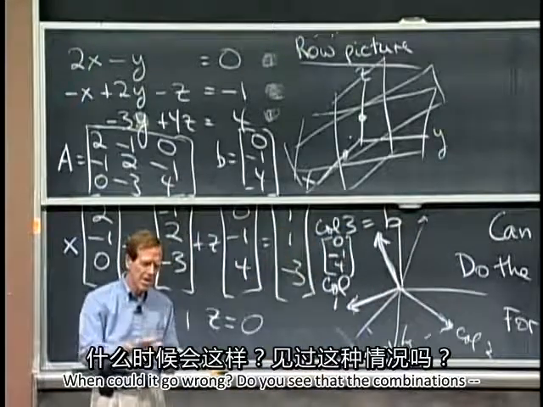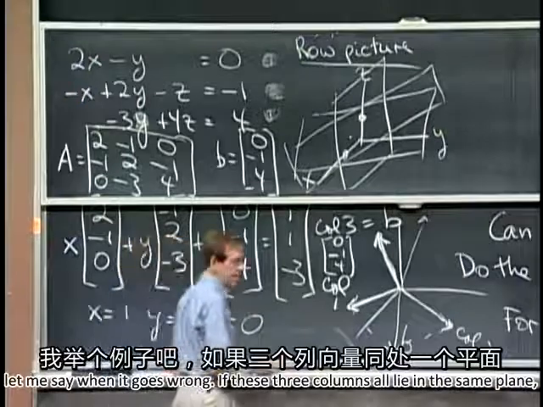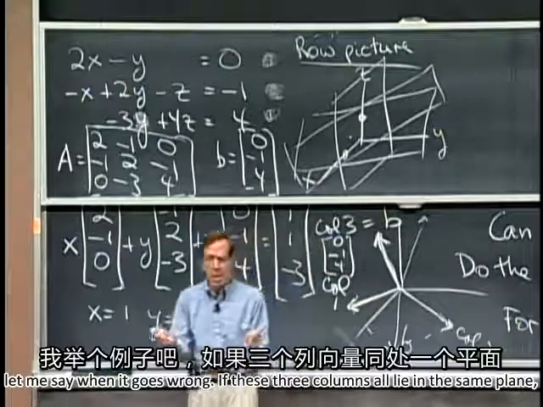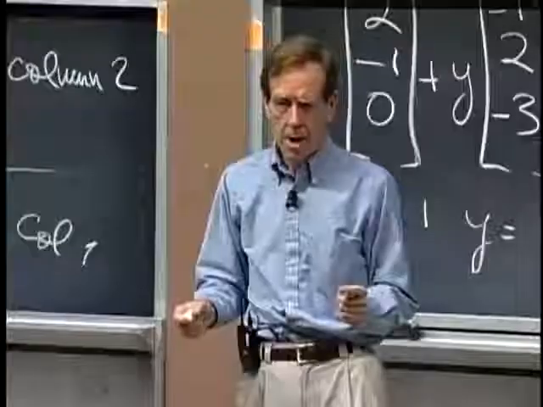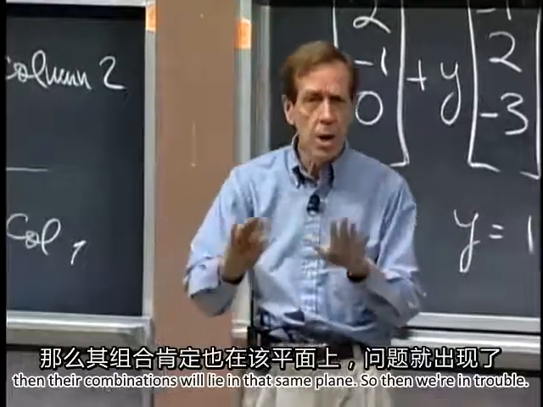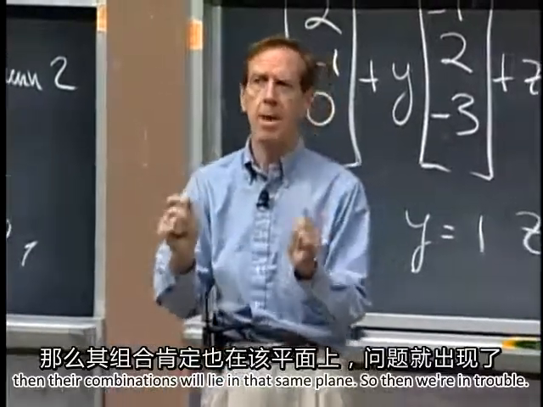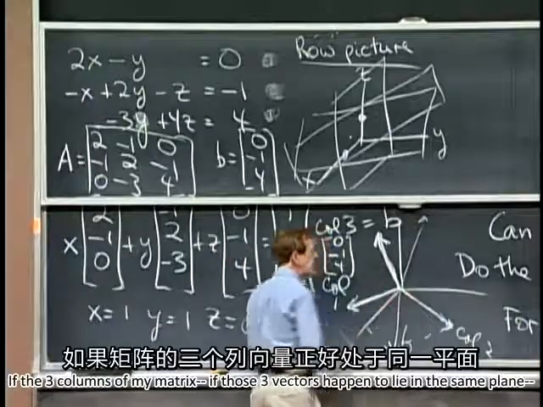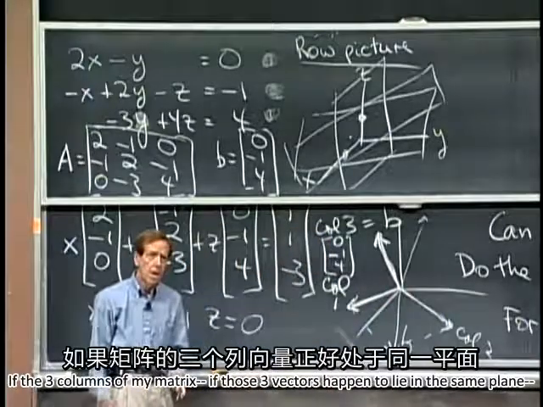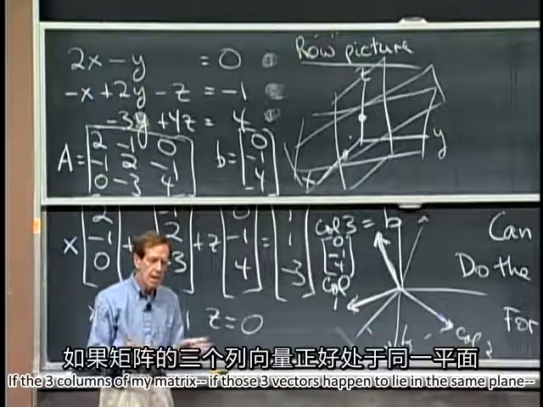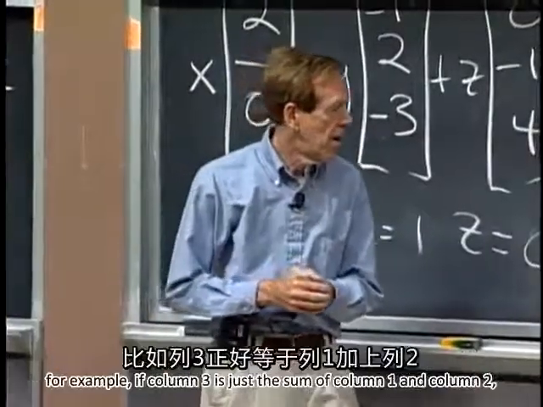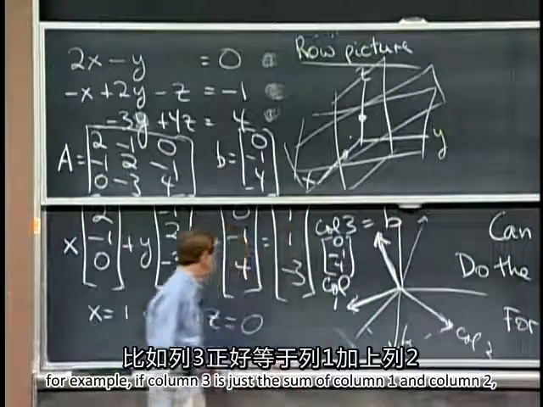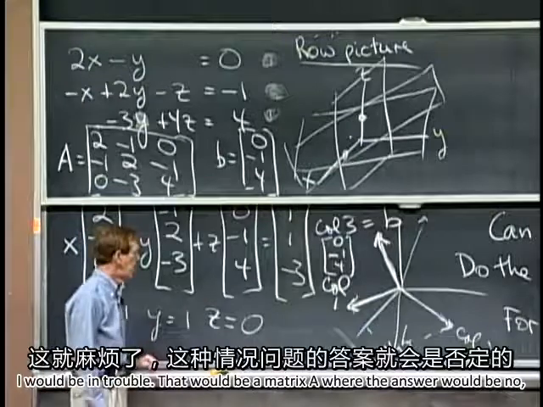Let me say when it goes wrong. If these three columns all lie in the same plane, then their combinations will lie in that same plane. So then we're in trouble. If the three vectors happen to lie in the same plane, for example, if column 3 is just the sum of column 1 and column 2, I would be in trouble.